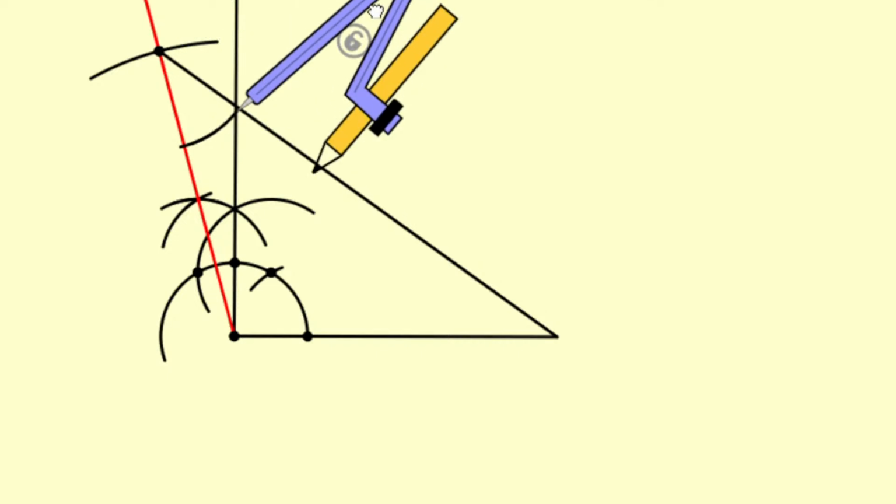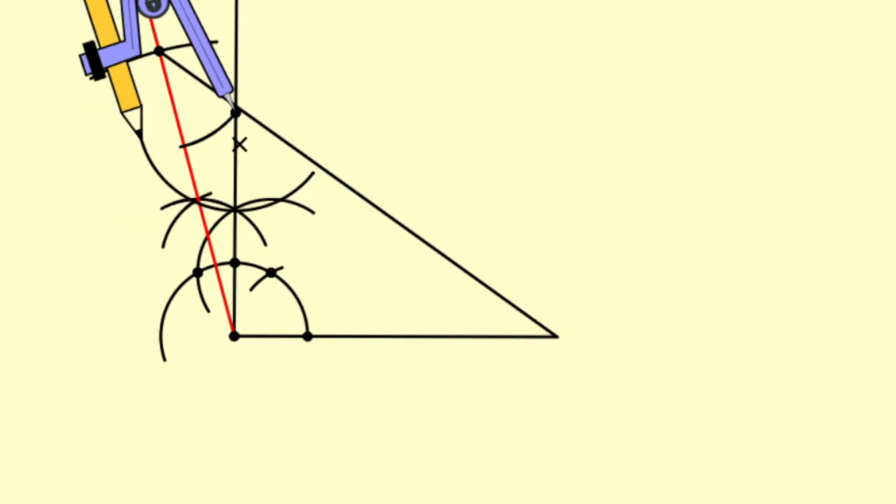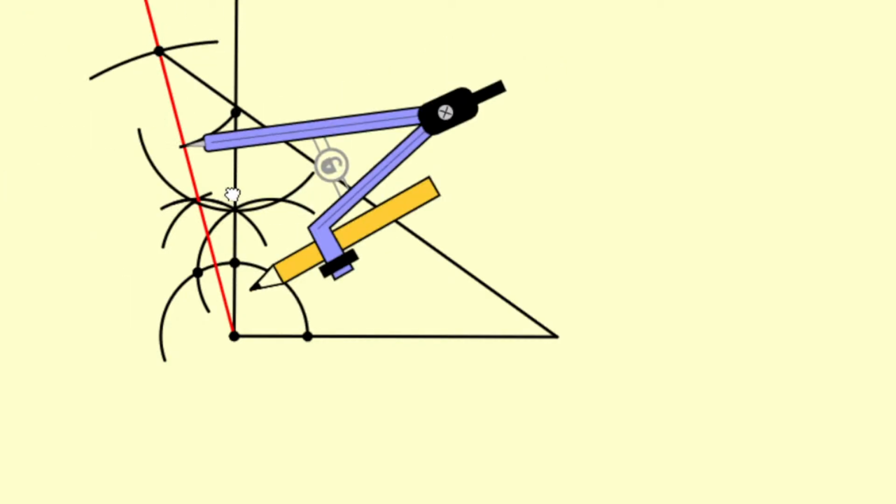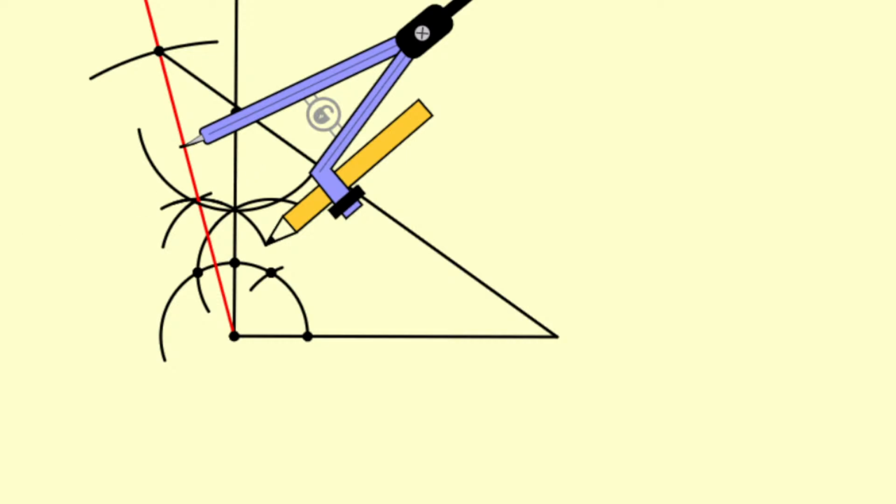Now, one arc from both the endpoints of the angle we will mark. I'll just do it with a different color.